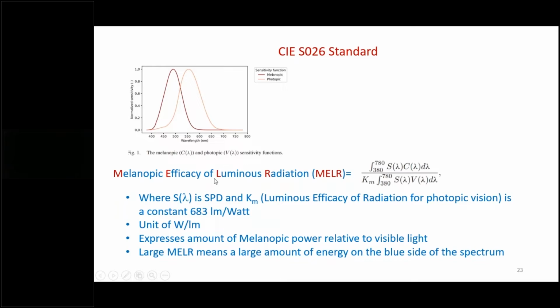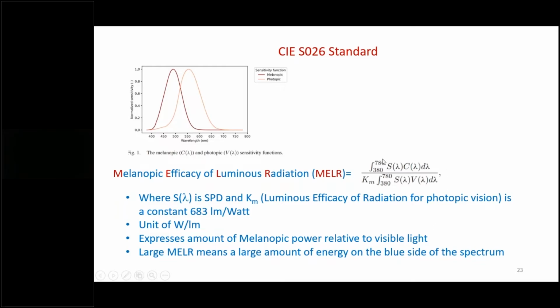So here you're dividing the melanopic irradiance. C lambda is the action spectrum, S lambda is the spectrum, divided by the photopic function. And this Km is the luminous efficacy of radiation for photopic vision, which is known to be 683 lumen per watt.